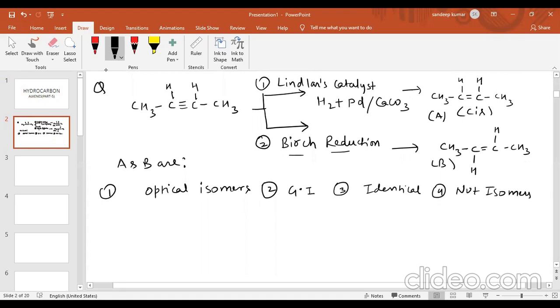As you can see, when Lindlar catalyst is used, this is cis, and when Birch reduction is used, this is trans. So cis and trans are related as geometrical isomers. So option B is correct.